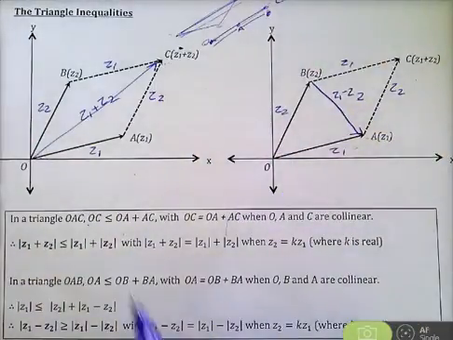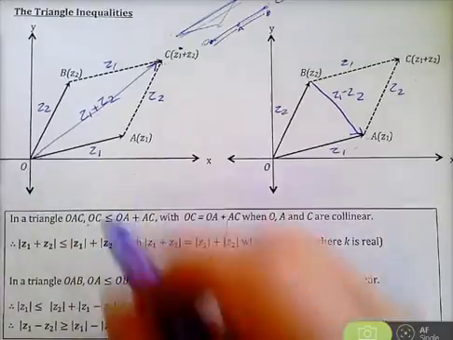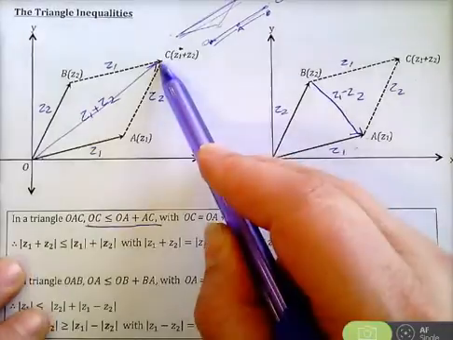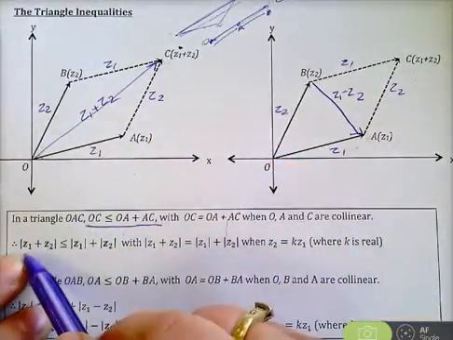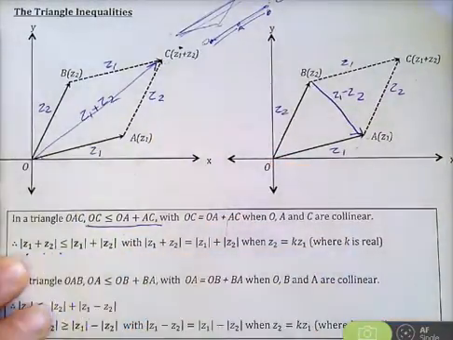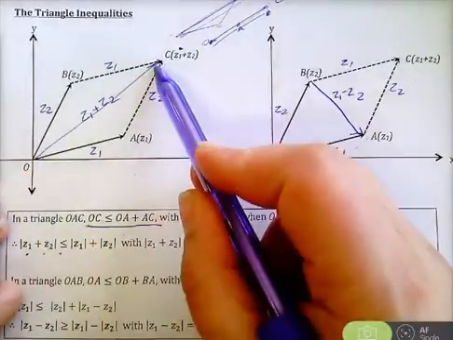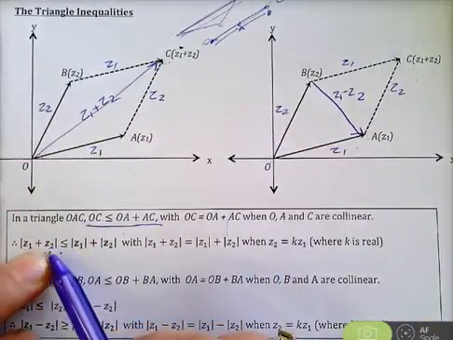Okay? Now, let's just replace that with what each length is. OC, the length of OC, isn't it the modulus of Z1 plus Z2? So when you're talking length of that line, modulus. So we know that's the modulus of Z1 plus Z2.